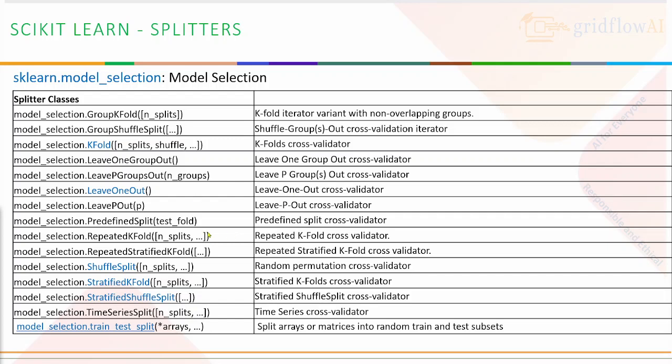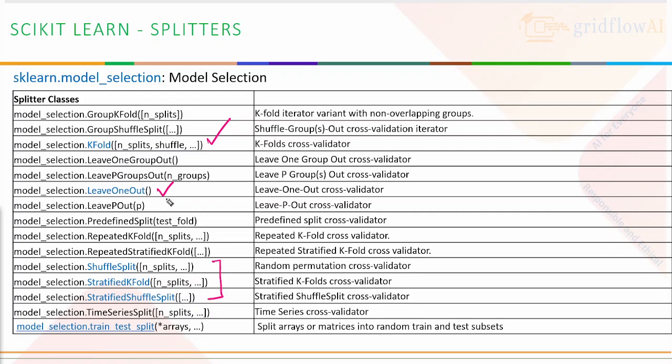I'm not going to do a machine learning demo because we haven't covered machine learning yet. But these are the splitters here. What we have covered so far, let me highlight here: we have covered the k-fold, we have covered leave one out, and now these are all variations of the same thing, same k-fold.